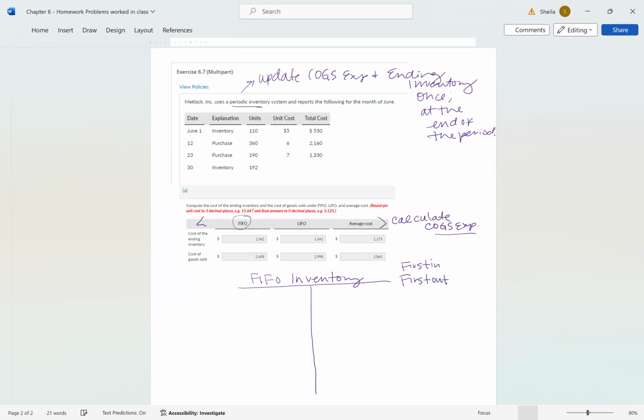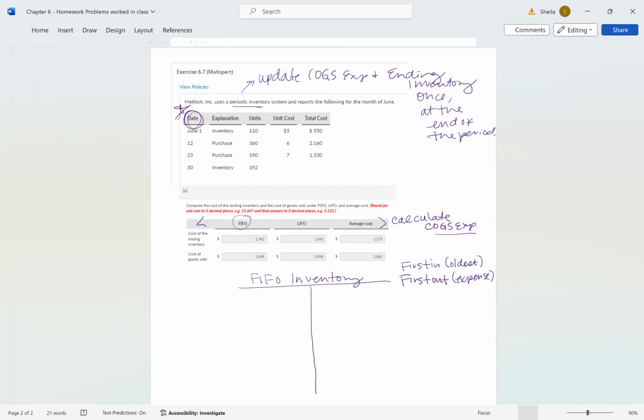When you think about this, I want you to keep in mind this has to do with the dates. The dates are key. So first in is the oldest cost in, which means it's the first out to recognize in expense. Okay, so with that being said, I want you to follow along with me on this data.